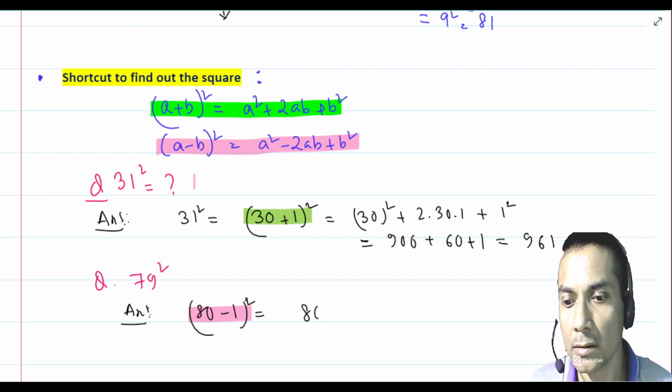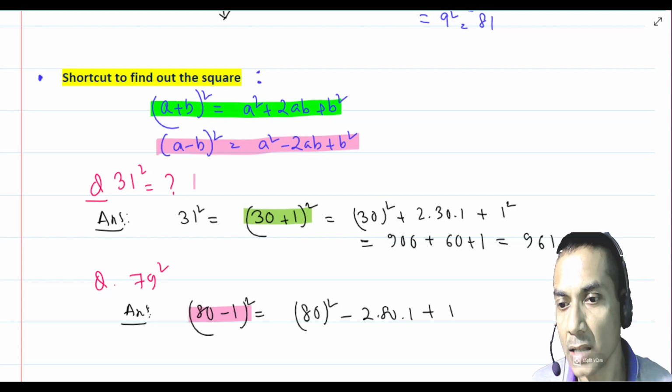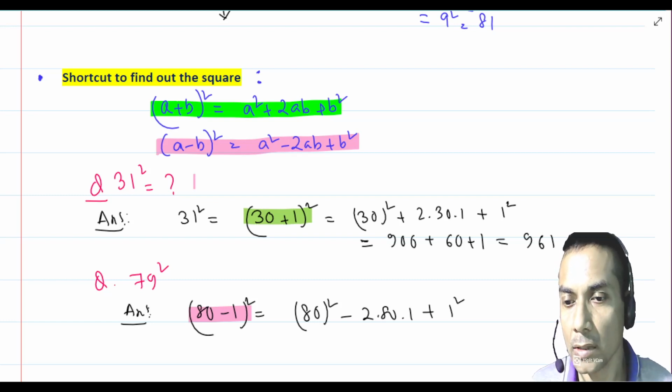So a square minus 2ab, 2 into 80 into 1, plus b square. Again you can skip this step. 6400 minus 160 plus 1.